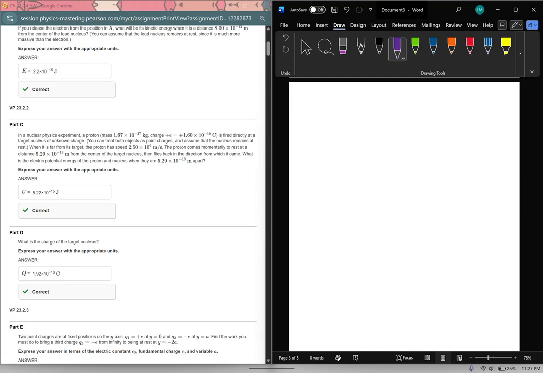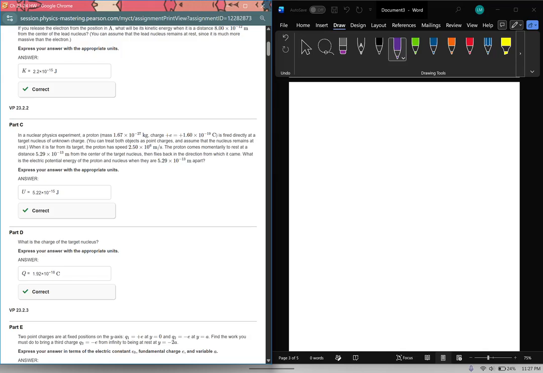The proton comes momentarily to rest at a distance 5.29 times 10 to the power of negative 13 meters from the center of the target nucleus, then flies back in the direction where it came from. What is the electric potential energy of the proton and the nucleus when they are 5.29 times 10 to the power of negative 13 meters apart?